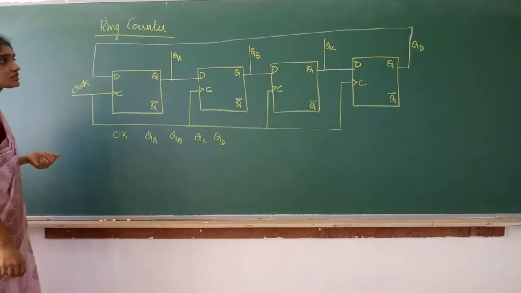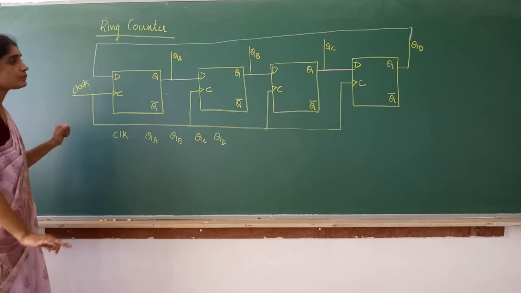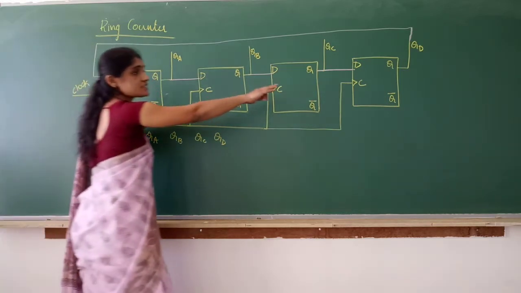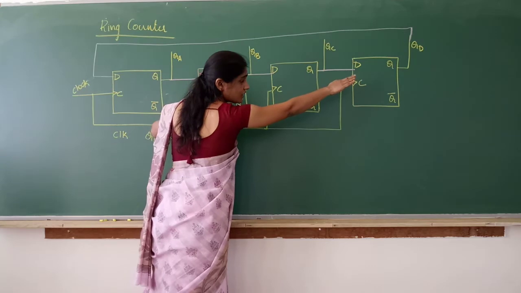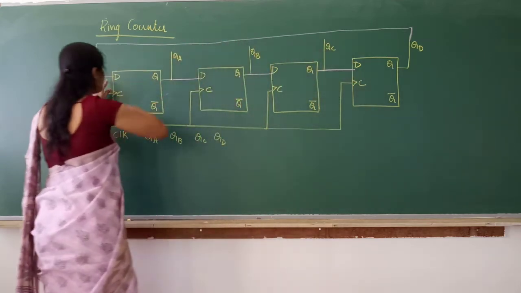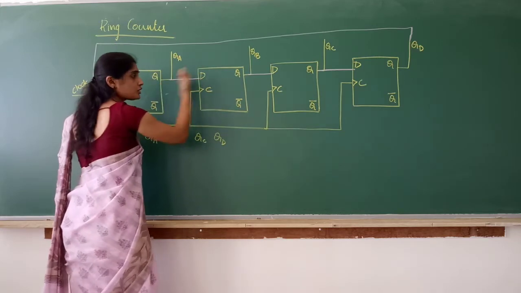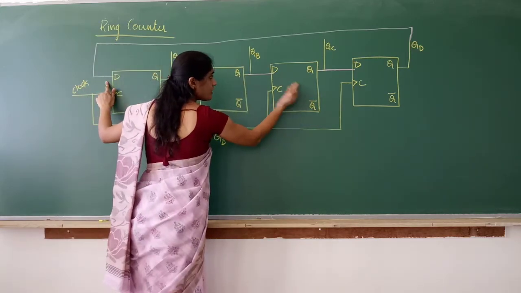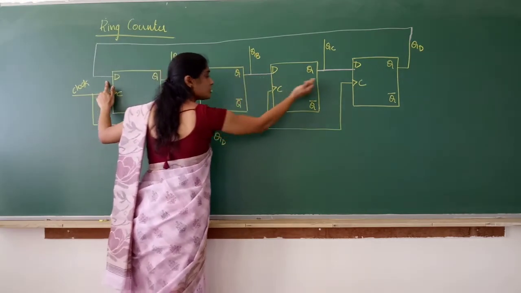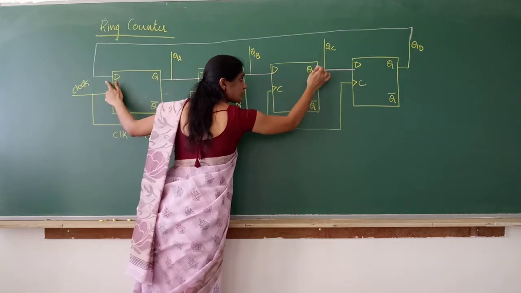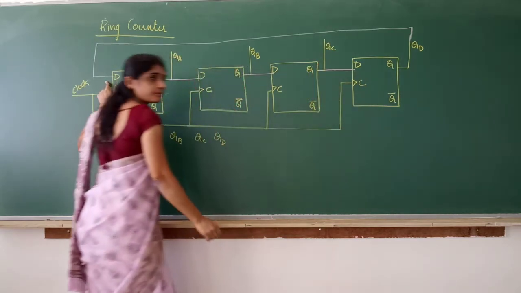So this is the circuit of ring counter. Very simple. It's a circular shift register whereas the QD output is given as input to the first D flip-flop. Whereas for the second flip-flop, first flip-flop output is the input. Third flip-flop, second flip-flop output is the input. To the last flip-flop, third flip-flop output, that is QC, is the input.